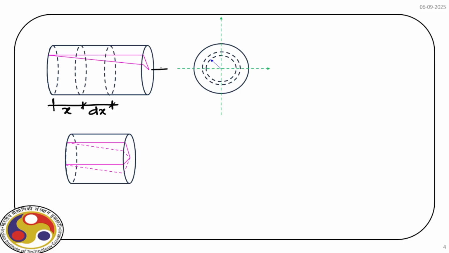This is the longitudinal axis along which we apply the torque, say T. Then if we consider a line marked PQ, this point Q comes to Q prime.